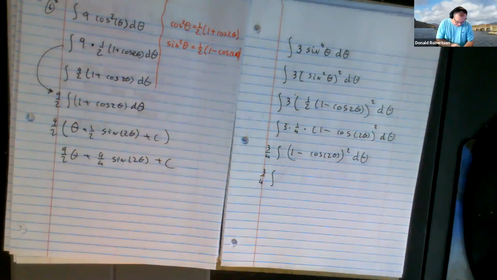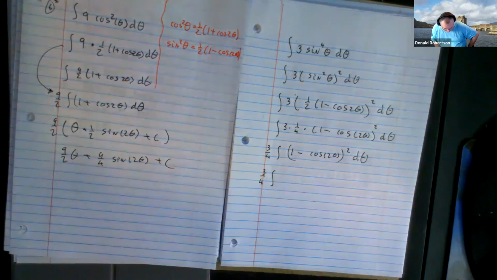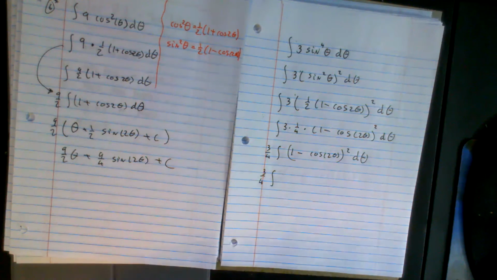Okay, where are we off to next? What should I do next? Would it be dealing with the squared, foiling?